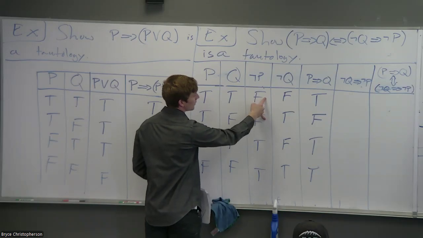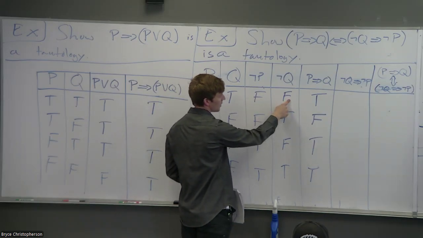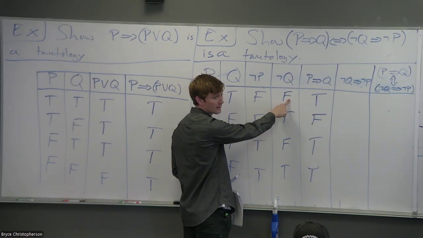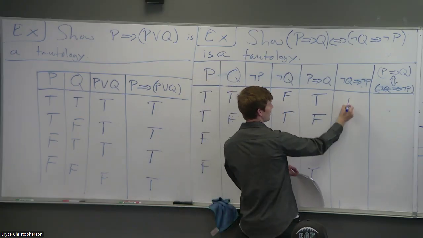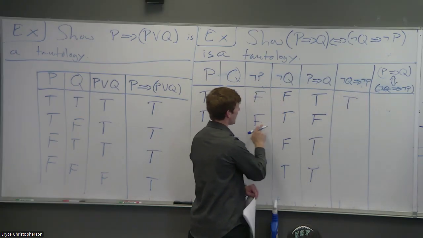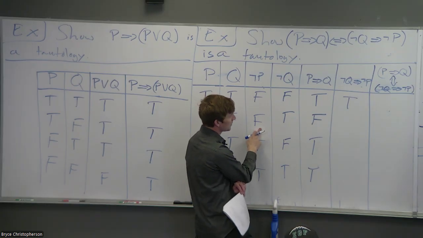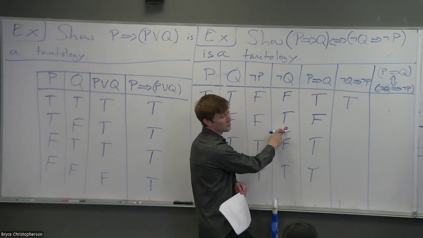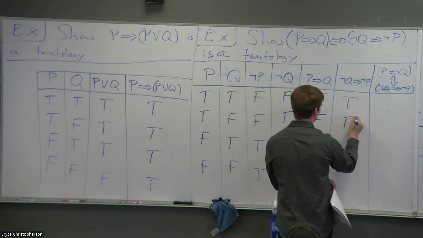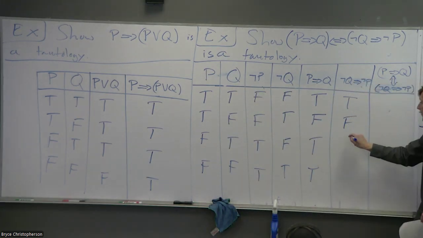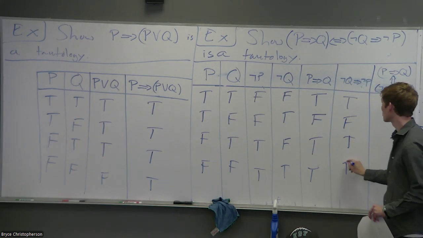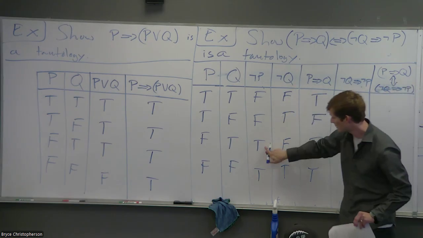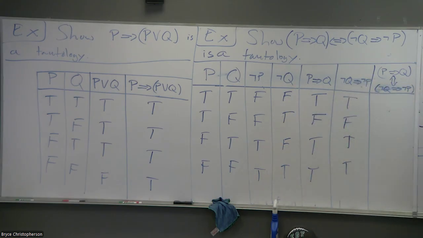Not Q is false here, yeah? Okay, so that's fine. But here, not P is true, so this would be false, yeah? Everywhere else, we don't even have to worry. We get trues because not P is true. Yeah? Okay.